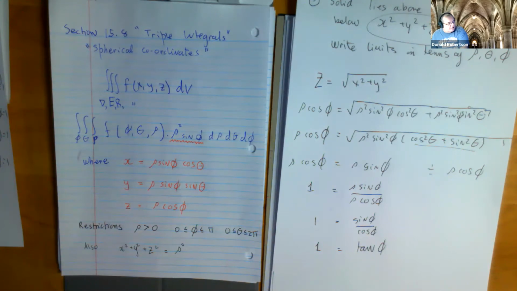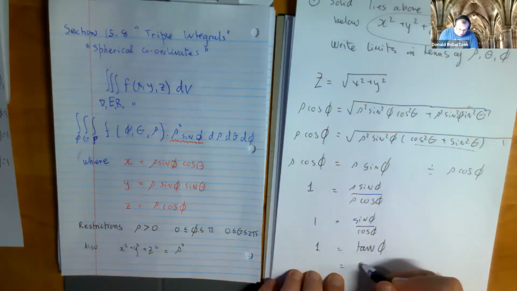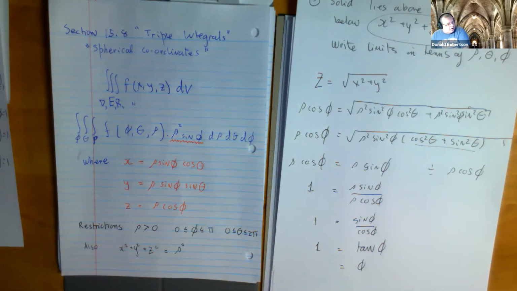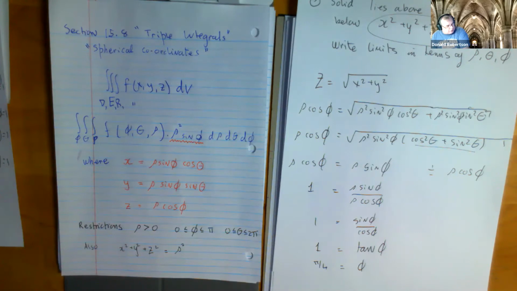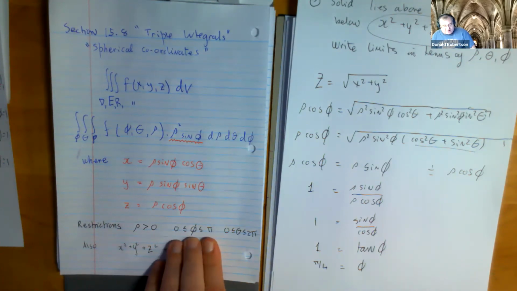Doesn't that make that a number? What angle is phi? What angle has tan equal to 1? Pi over 4. Yeah. Now, technically speaking, there are lots of right answers, but in spherical coordinates, doesn't it have to be in the first or second quadrant?